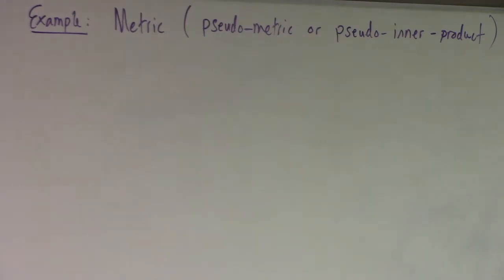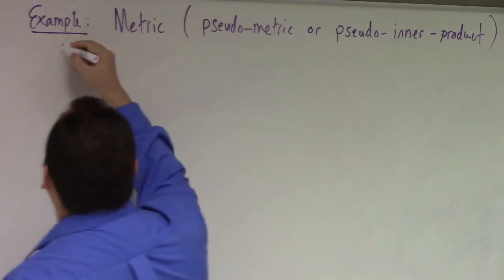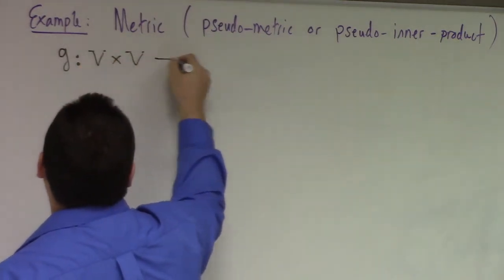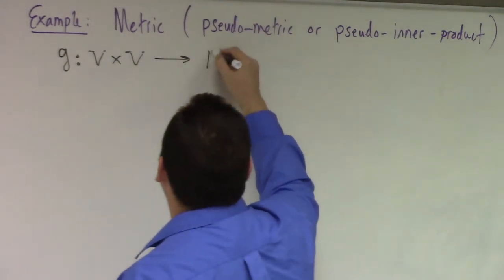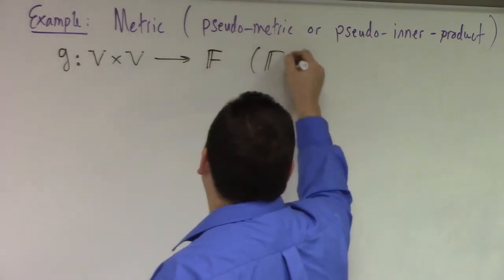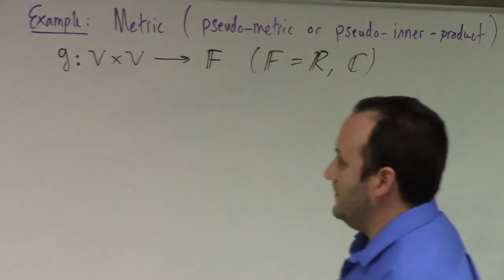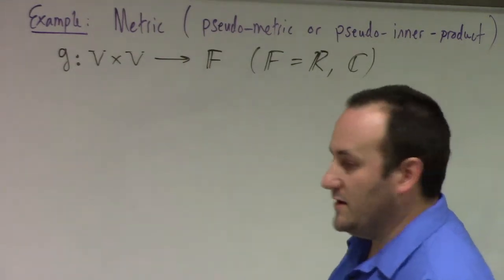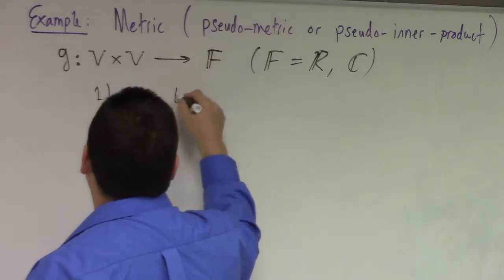Anyway, words. Now, on V, what we have is G from V cross V to the reals, or, well, let's say to F, where F is either equal to the reals or C. This is going to be called a metric. There's a couple conditions you need. One, G is bilinear.